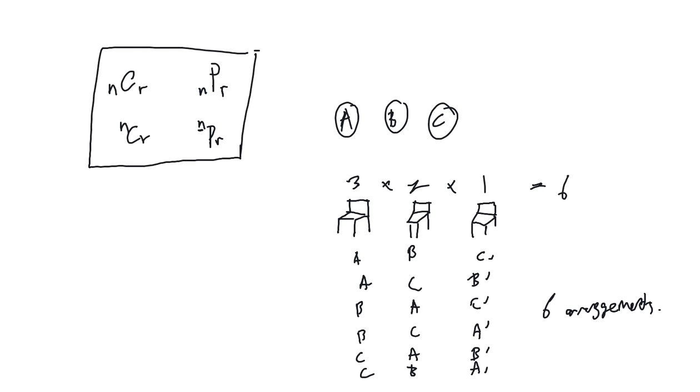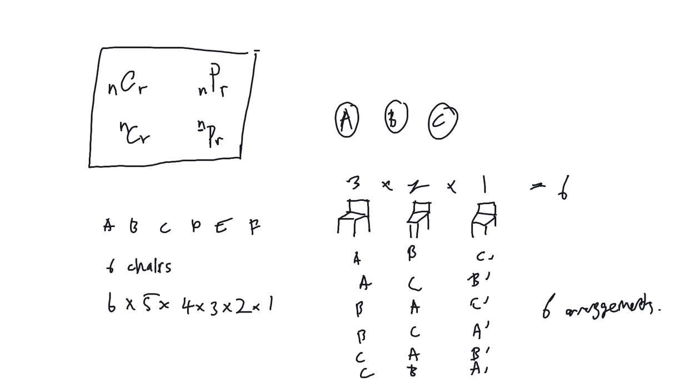Okay, so if there are A B C D E and F, six persons, and you have six chairs, then that is 6 times 5 times 4 times 3 times 2 times 1.